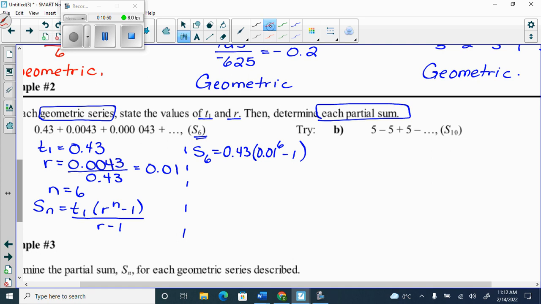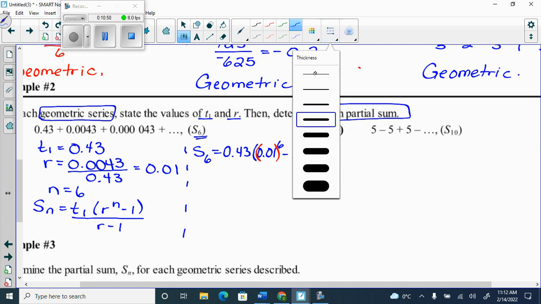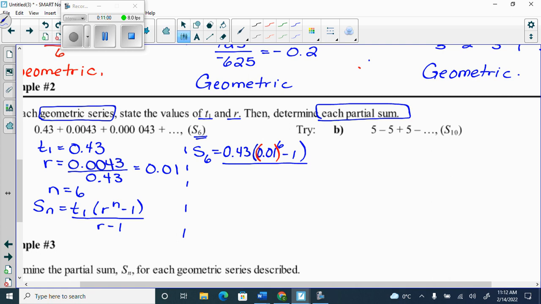And I want to put this in its own brackets too, because if R is actually negative, it matters if this is in a bracket. So I'm going to put it in a bracket. Divided by 0.01 minus 1.